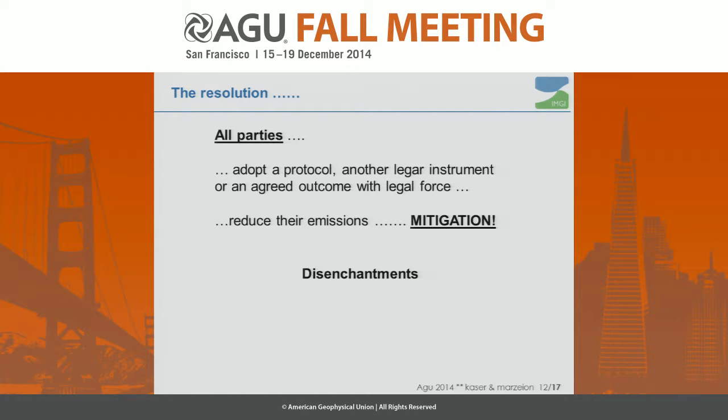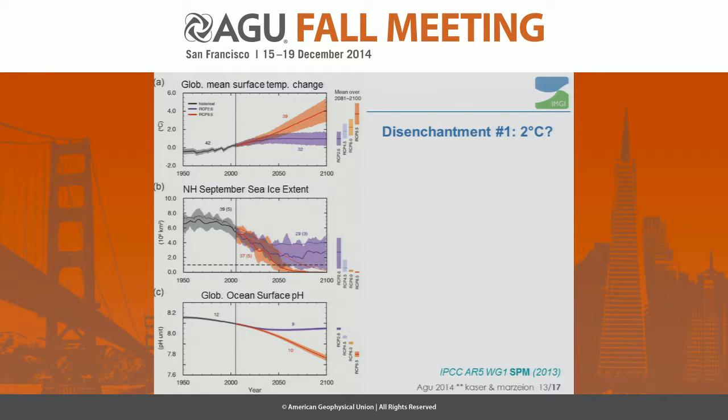But then, with the time coming, and it was only toward the end of this week, the disenchantments arose slowly, gradually. The first one was that, of course, if we now reach this 2 degrees target, we may be able to keep the temperatures stable within the 22nd century.